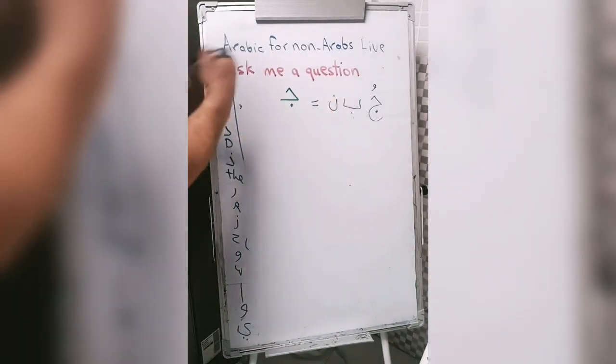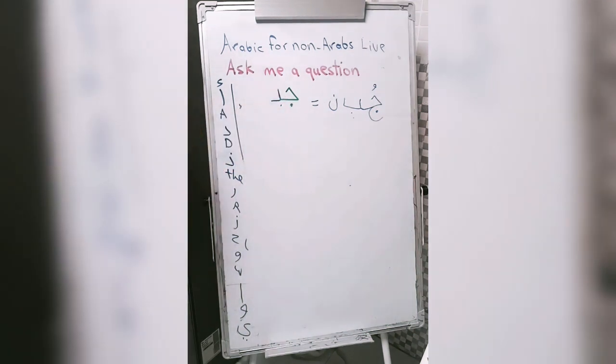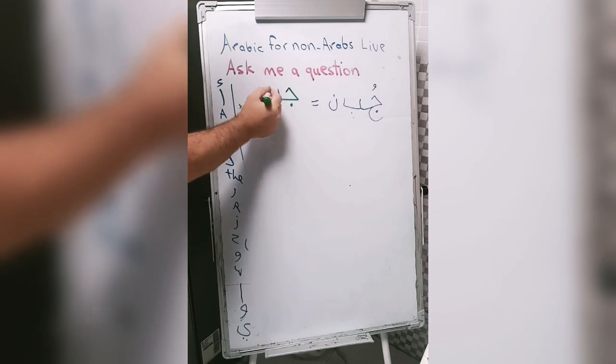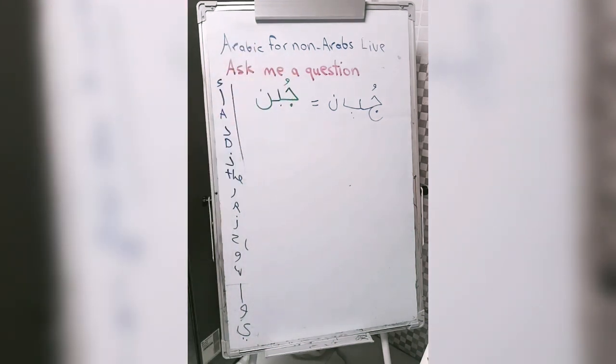That's it. The first letter is Ja. I chopped its belly, and now I'm going to join it with the letter after, just like make a hand here. And then Ba, also chop its arm and join the letter after, and that is going to be Jubin. And Jubin is cheese.